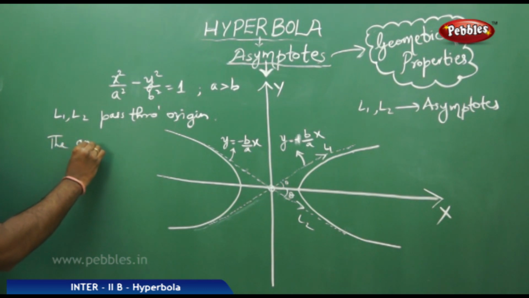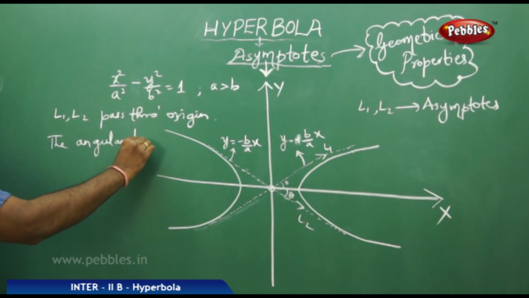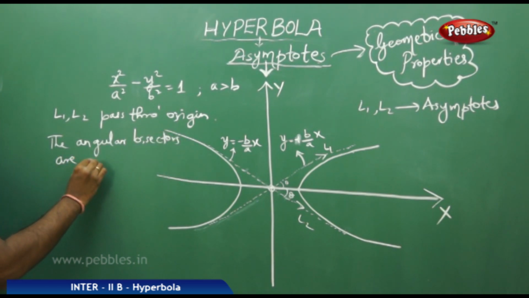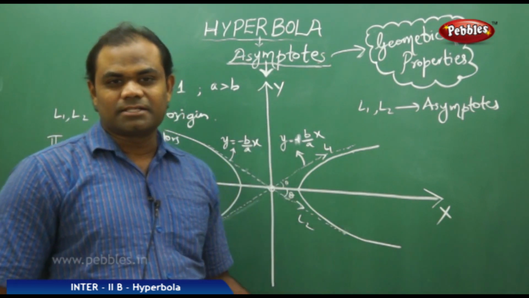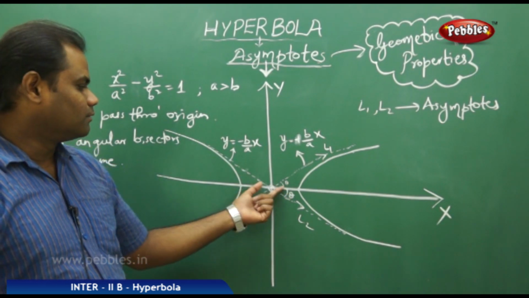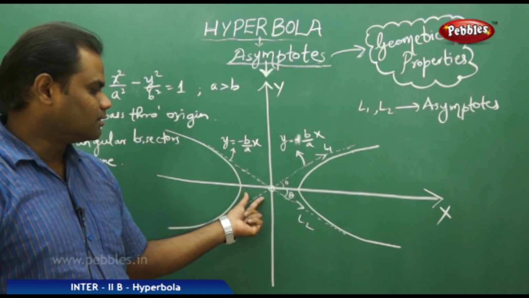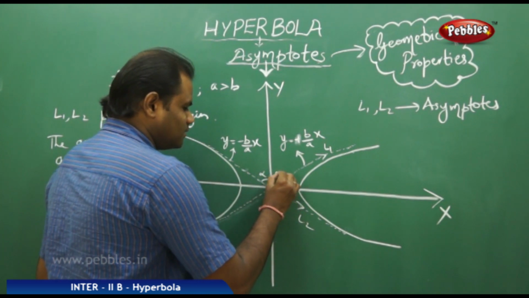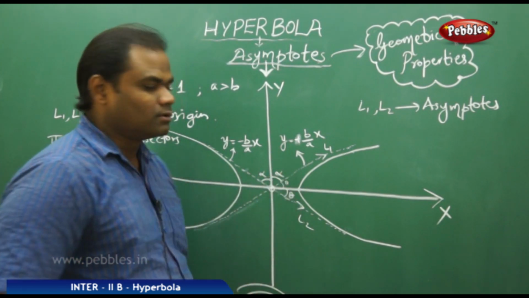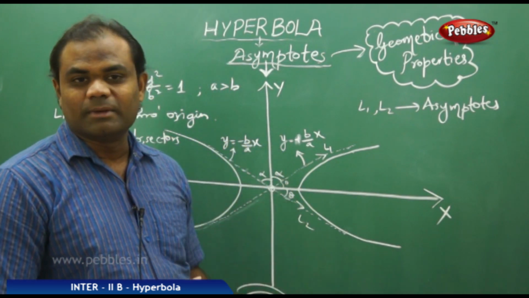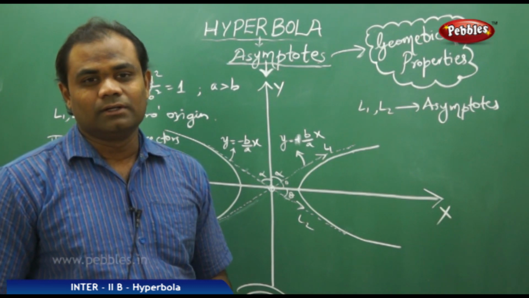The x and y axes bisect the asymptotes for the angle theta, and therefore we have this angle equal to this and this angle equal to this, or if I take this as alpha, then this would also be equal to alpha. This is how we conclude the two geometrical properties. One is passing through the origin and the other is making equal angles, or angular bisector.